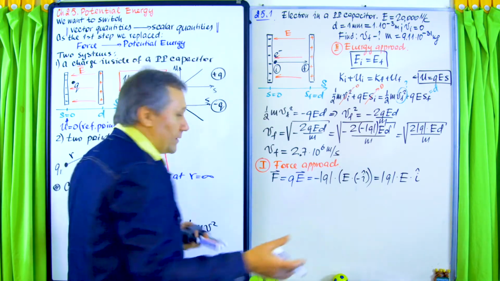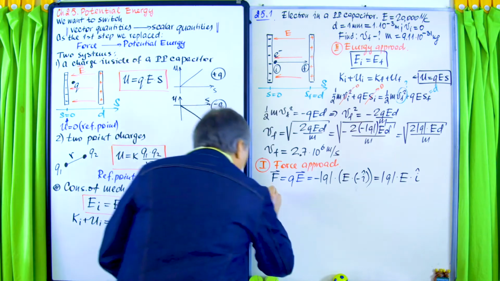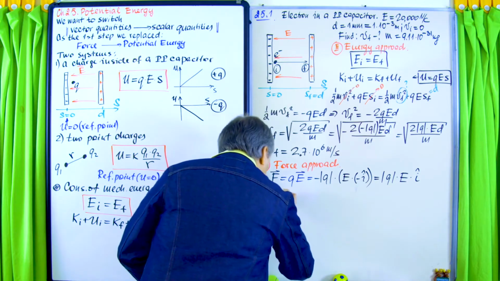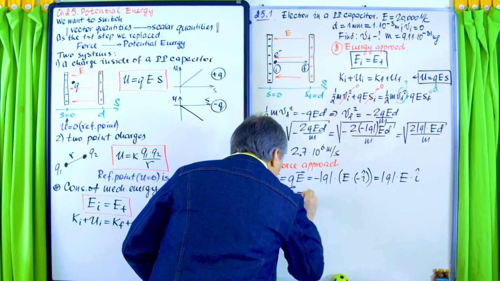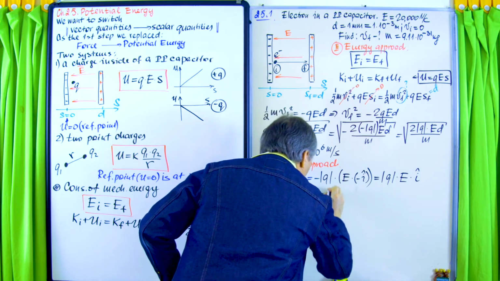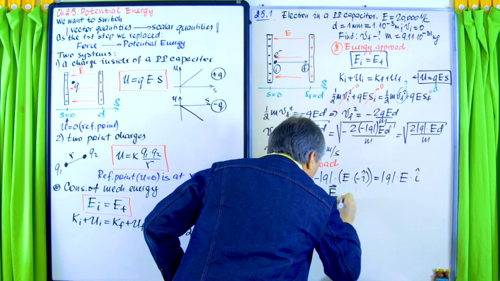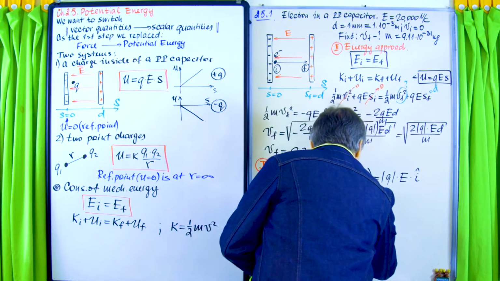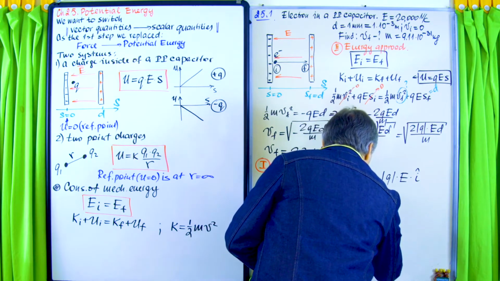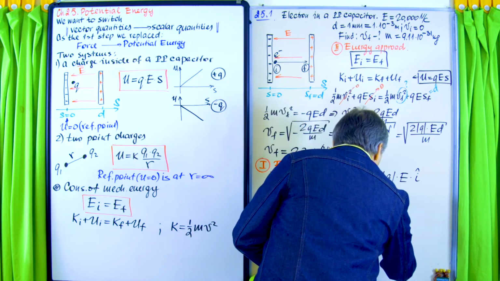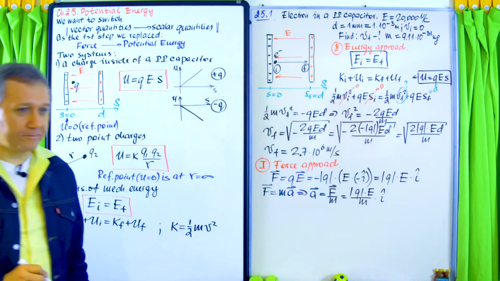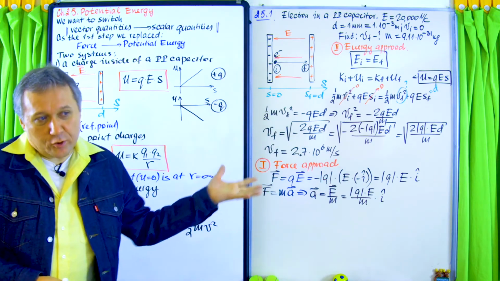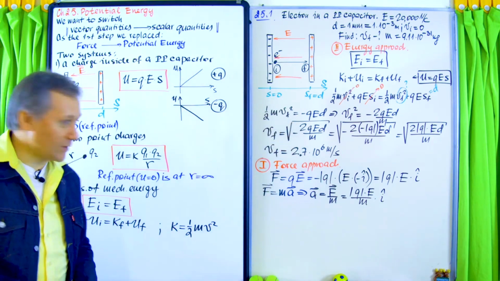Now, after this, Newton's second law: F equals ma, and acceleration will be equal to force divided by the mass. So we just need to divide that by the mass. It will be the absolute value of the charge, E divided by m, in the i hat direction. Again, acceleration is in the positive S direction, as it should be, because the electron accelerates that way.